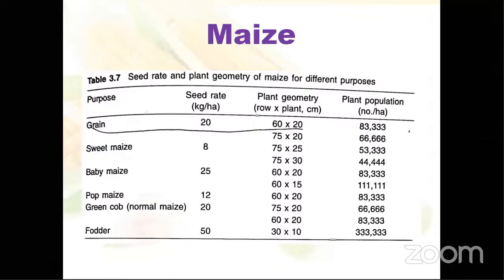Then coming to another spacing, that is 75 to 20 centimeters. Then the plant population will reduce by almost 20,000, that is 66,666. Then coming to sweet maize, another type of maize. You know sweet corn. Generally we sow sweet corn at 75 to 25 or 75 to 30.